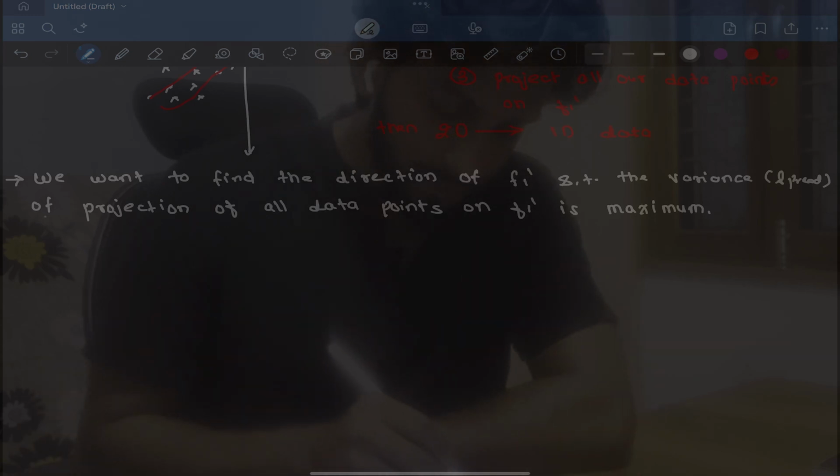And this is what we will use as a base for our mathematical formulation.